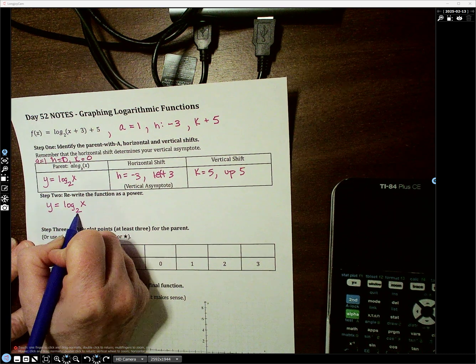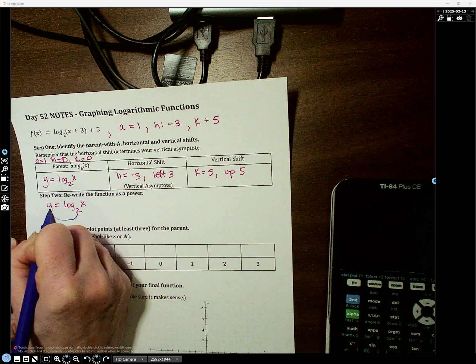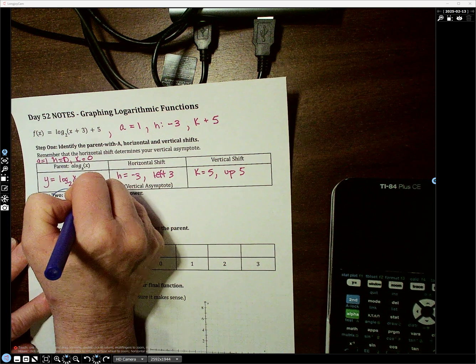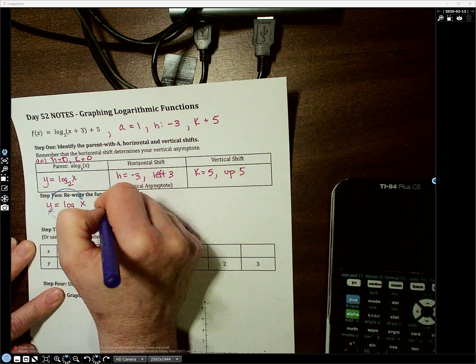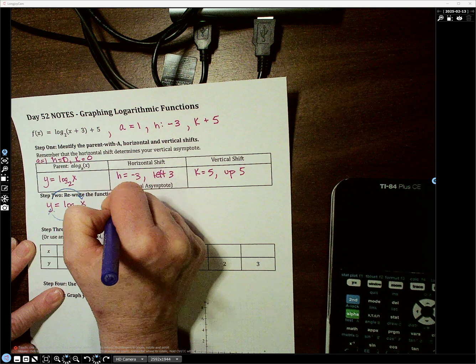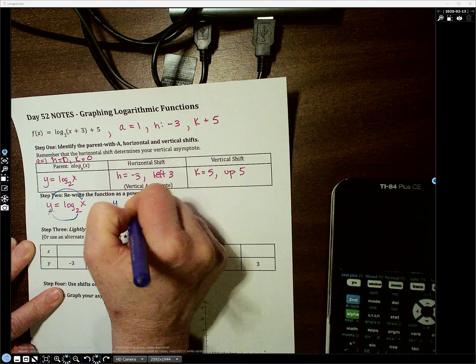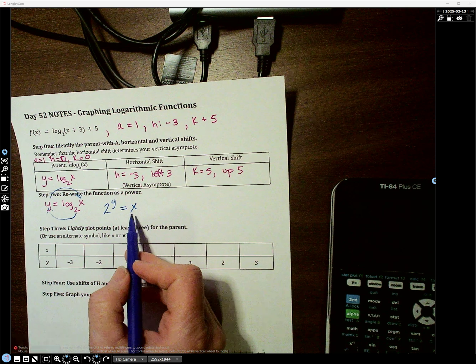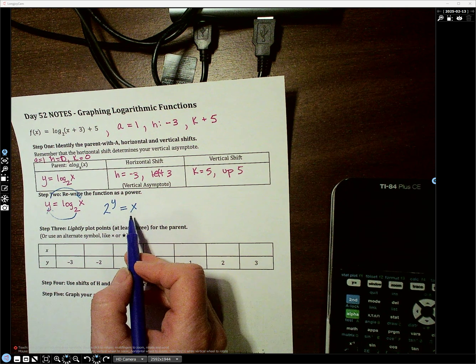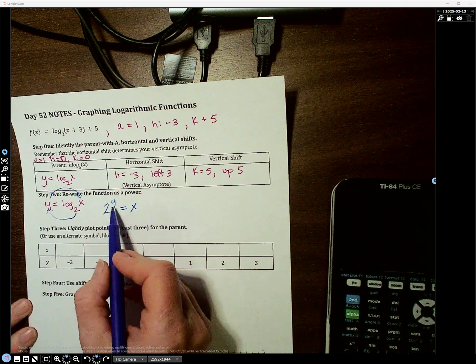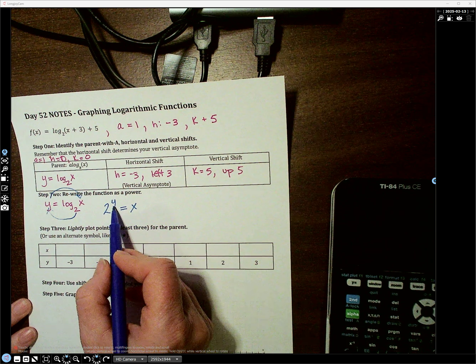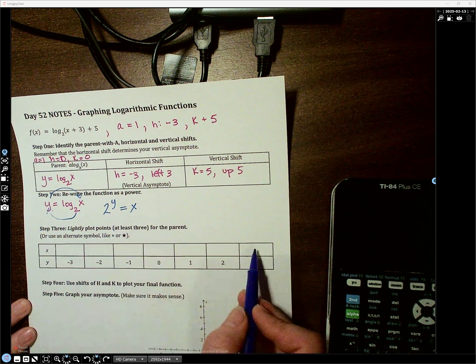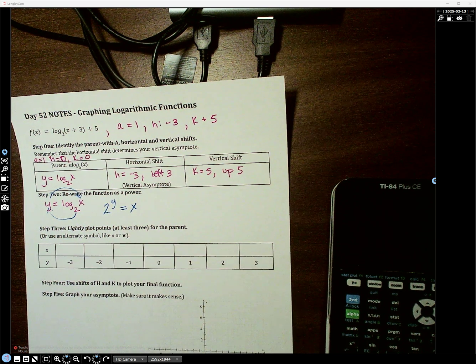Start at the base. 2 to the power of y equals x. Let's write it down. 2 to the power of y equals x. So now I've got the inverse of the log. It's the same function, but now I can plug in y values and get my x values so I can plot this graph. Okay, so let's do some math.